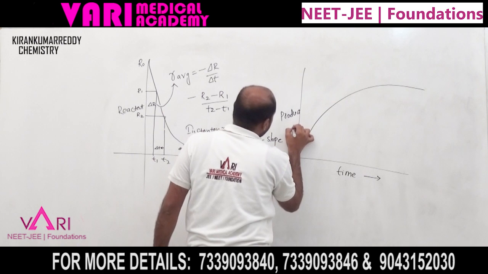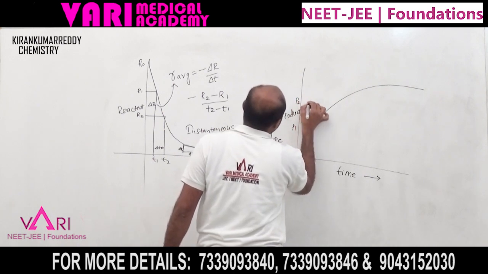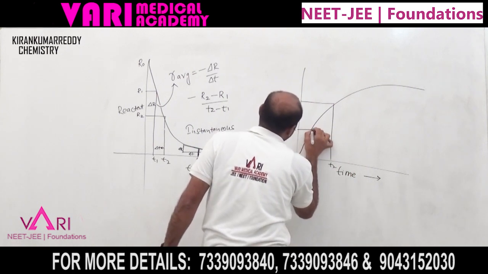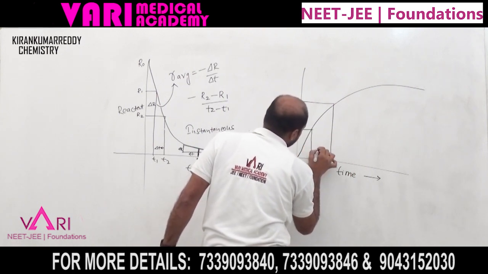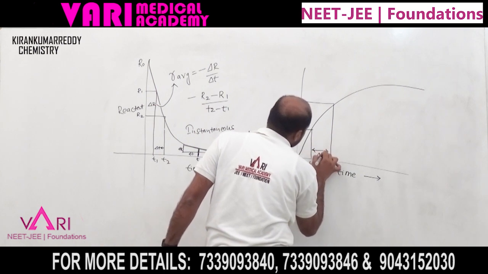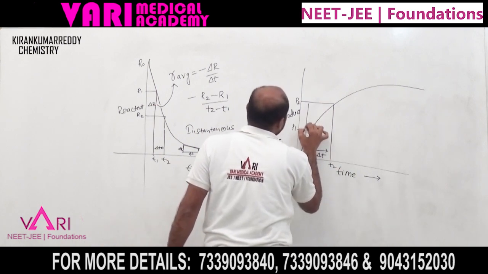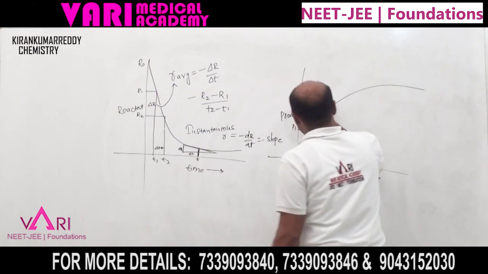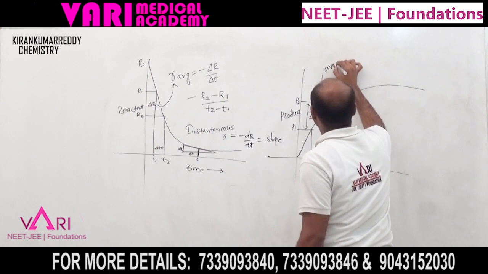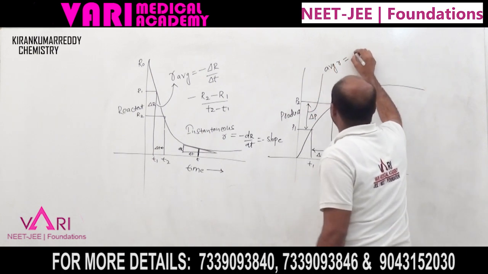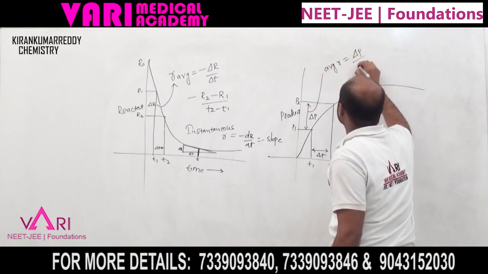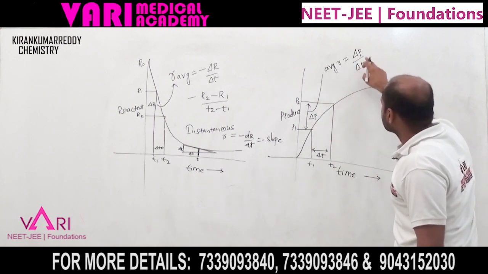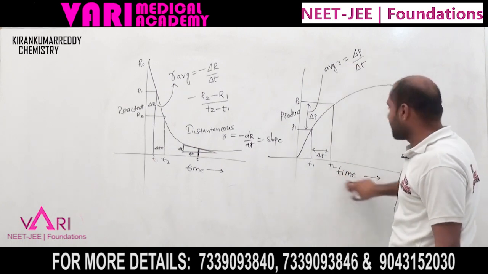Here I am taking P1 and here P2, from here to here that is T2, and here is P1 at T1. T1 to T2 is delta T, and P2 minus P1 is delta P. Now the average rate of reaction is equal to delta P by delta T. Delta P means the product concentration increases when time increases.